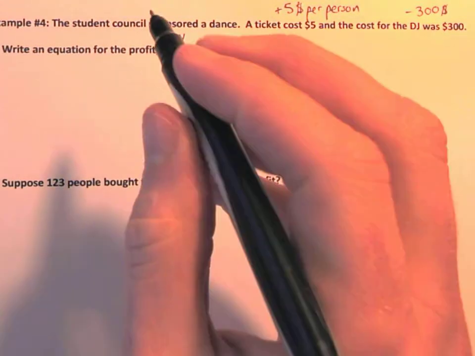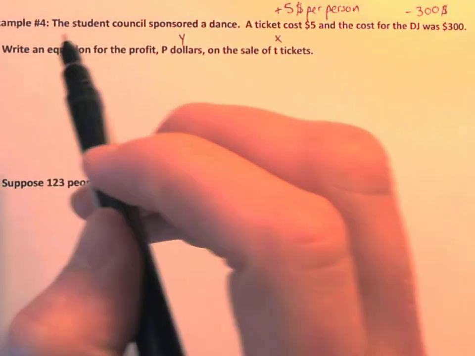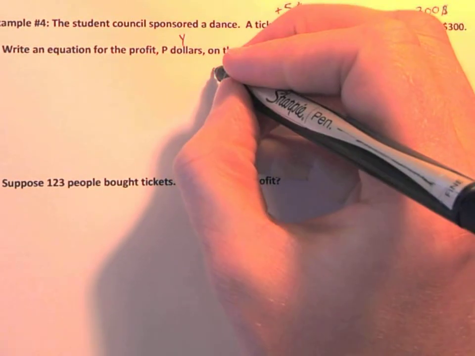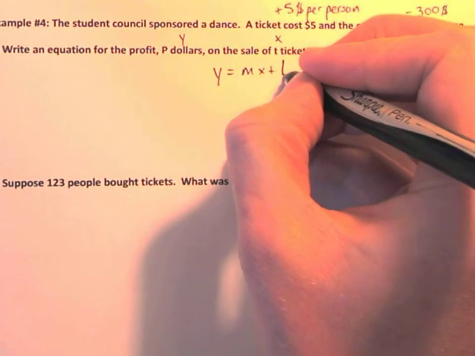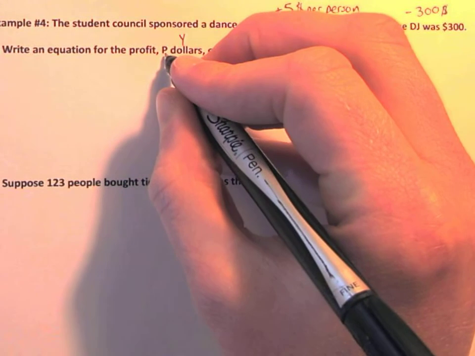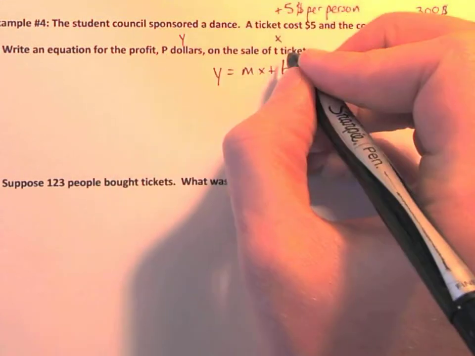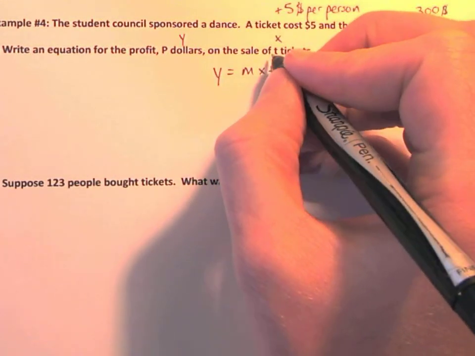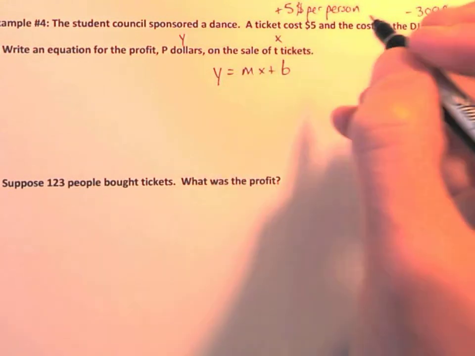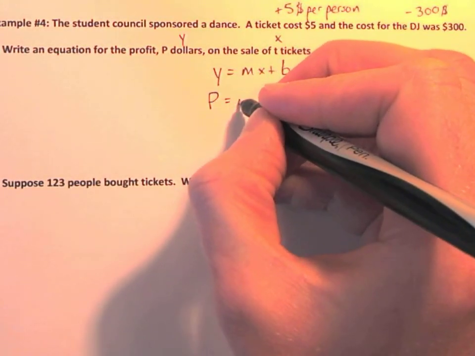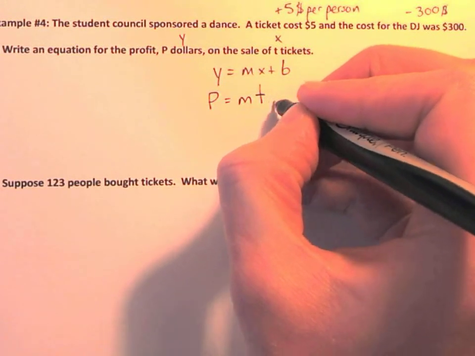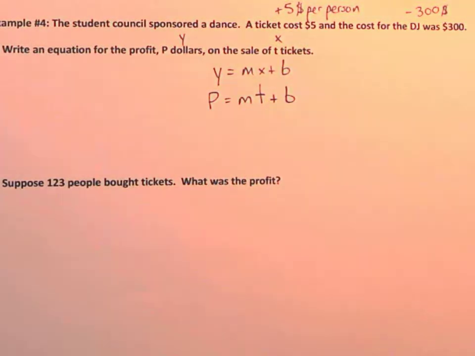So you would guess that this would be the type of question we're working with, which is y equals mx plus b. But this time they use P for profit, which means how much money you're getting in the end, and sales of tickets, which is number of tickets. So instead of y, we're using P, and instead of x, we're using T. But it's really the same thing.